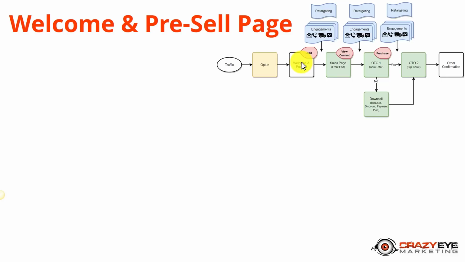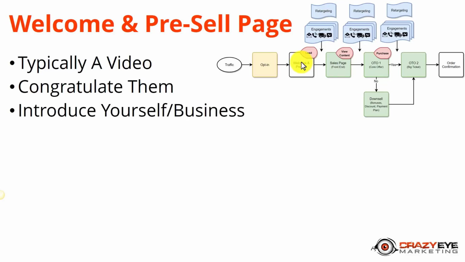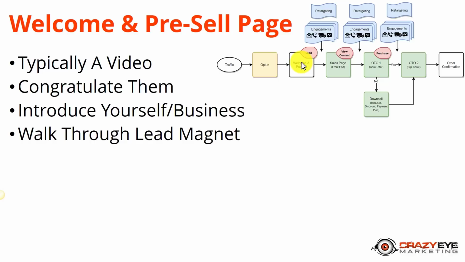So on this welcome and pre-sale page, you typically have a video, and in the video, or at least on the page, you probably want to congratulate them on downloading the lead magnet or requesting the lead magnet. Tell them they're part of an elite few that have taken steps to improve their life for whatever benefit your lead magnet delivers. Then you'll want to introduce yourself and or your business, and then take a few minutes to walk them through the lead magnet, which again marks you as the authority and establishes yourself and your brand and your company in their mind.